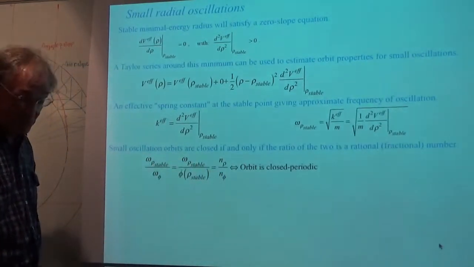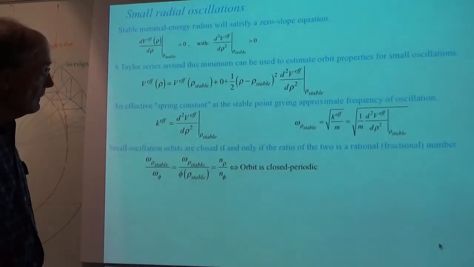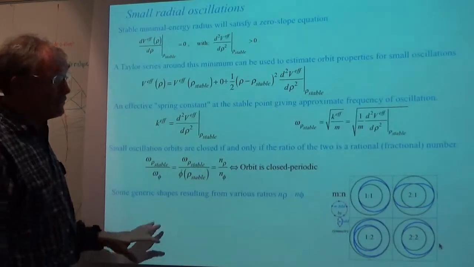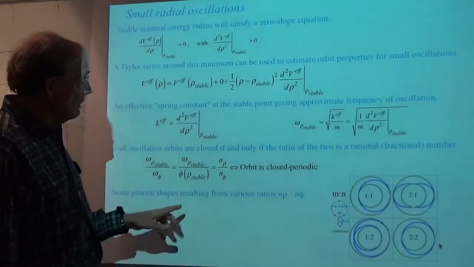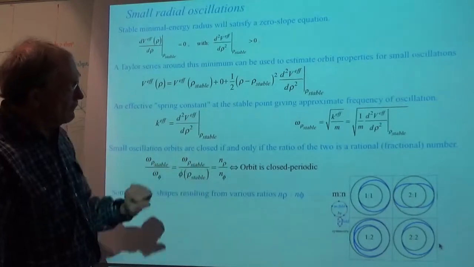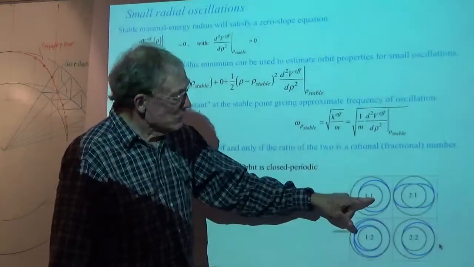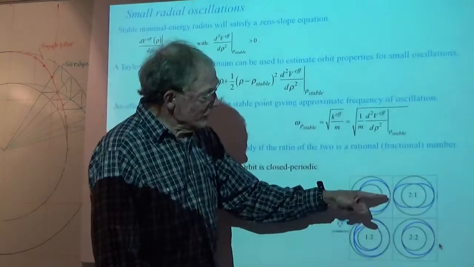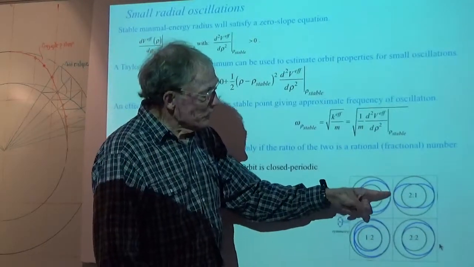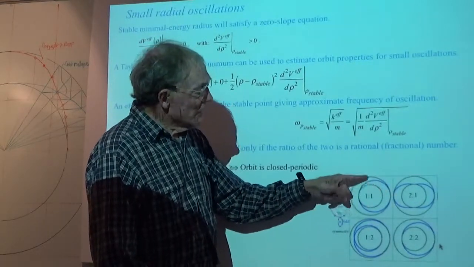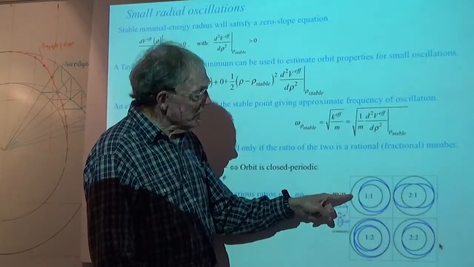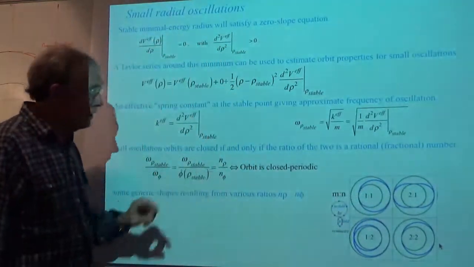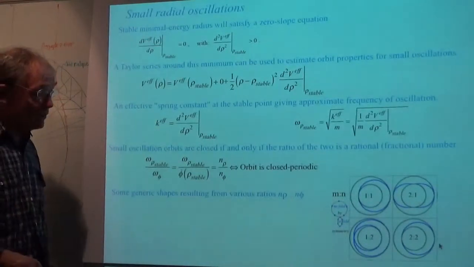And just very briefly to take a look at a picture of the two most famous possibilities, where both of these integers are 1, the one-to-one orbit, and this is where I have an oscillation back and forth in the rho direction, in the radial direction, that has exactly the same frequency as the oscillation around, that's the phi dimension of this, whatever object this is.